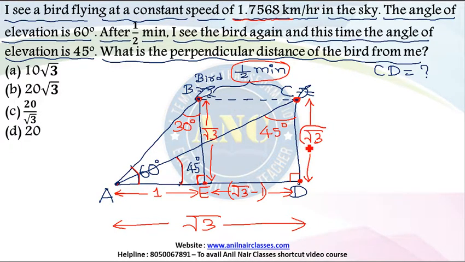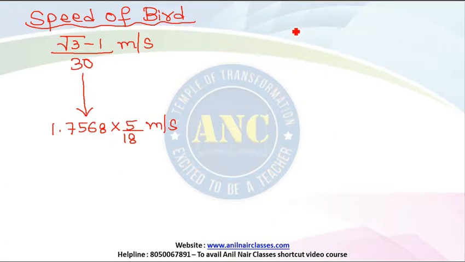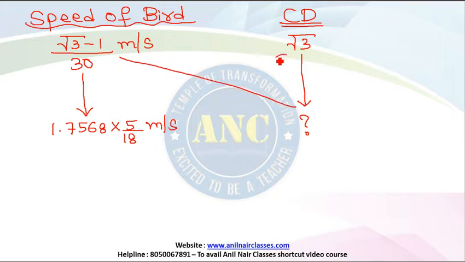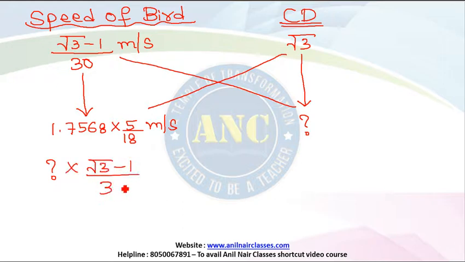According to the question, how much are they asking? Cross multiply and simplify if you cannot find the multiplying factor. Question mark into root 3 minus 1 by 30 is equal to 1.7568 into 5 by 18 into root 3.